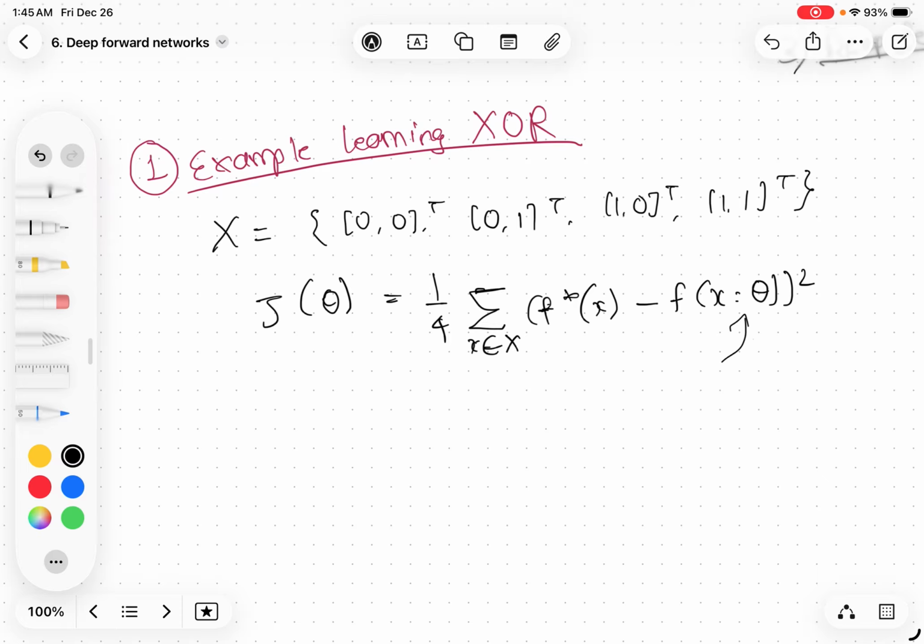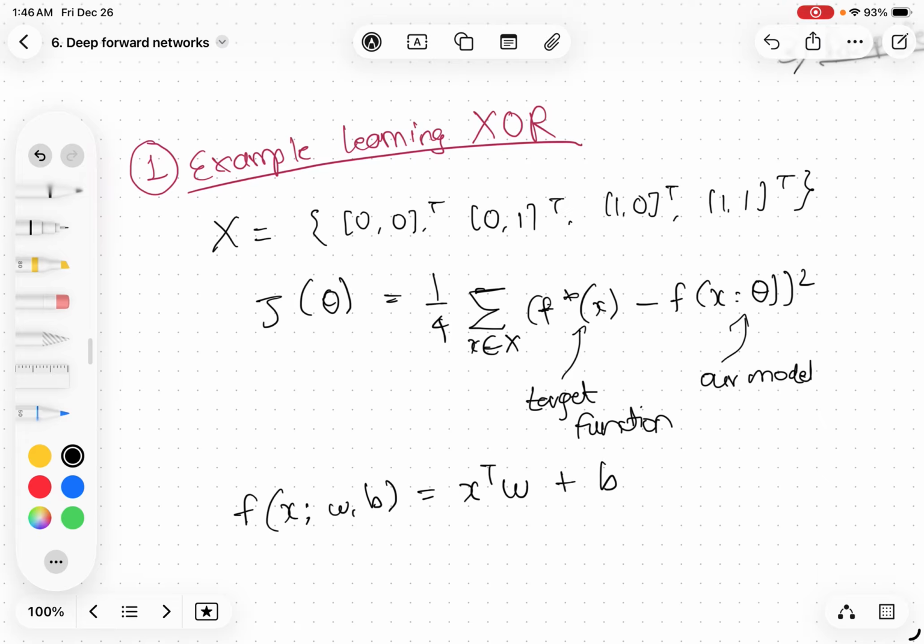This is our model that we're trying to create. And for solving normal equations, we obtain w equals 0 and b equals 1/2. Okay, let me define the model: f(x; w, b) = x transpose w + b, where b is the bias, x is the input, and w is the weights.